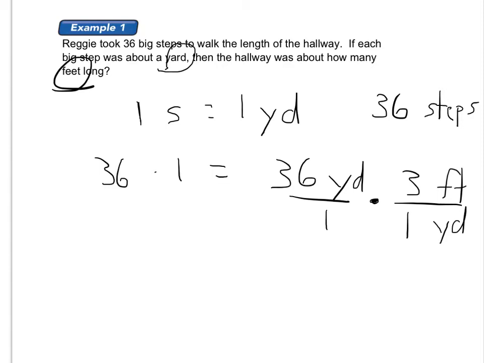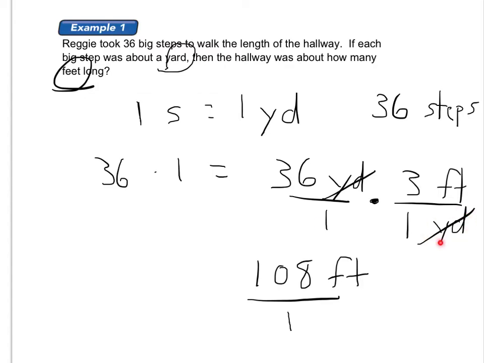So now I'm just going to go ahead and multiply this like a fraction. See, the labels are the same on top and bottom, so they cross cancel. So I'm going to take 36 times 3, that's 108, and the label that's left on top is feet. And I'm going to put that over, and multiply the bottoms. Well, 1 times 1 is just 1.